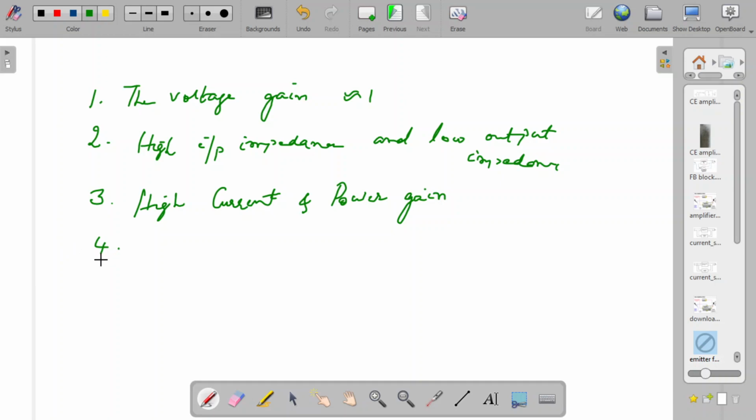Then here the input and the output AC voltages are in phase. Input and output AC voltages are in phase in this case, because we don't have a collector resistor there. So when you calculate it, we can see that both of them are in phase. So these are the various features of the emitter follower circuit.